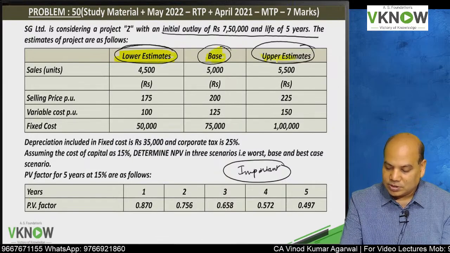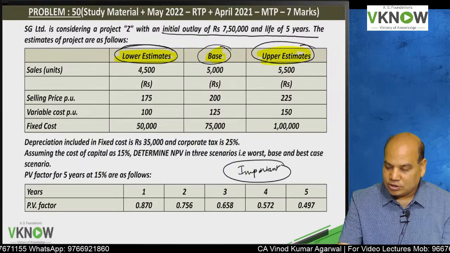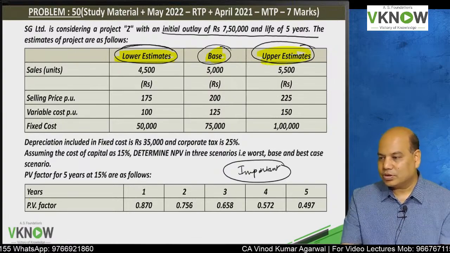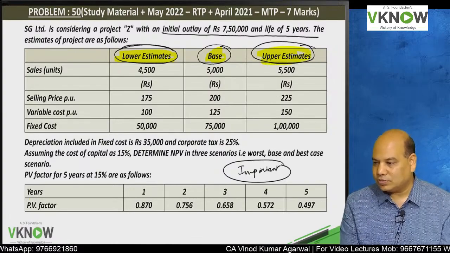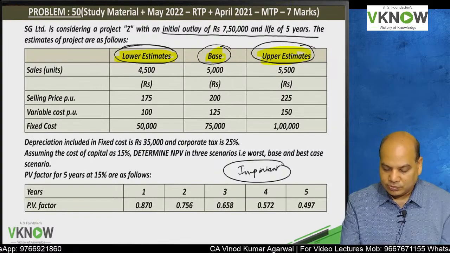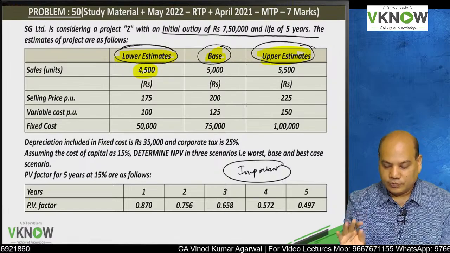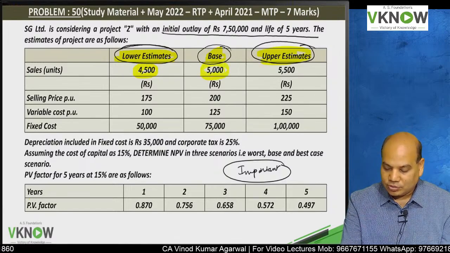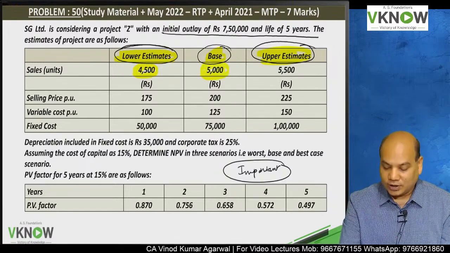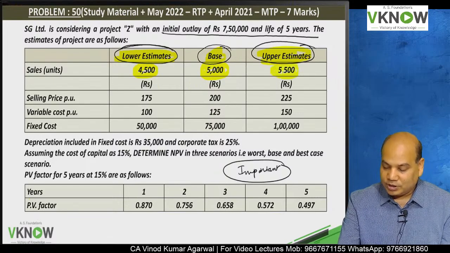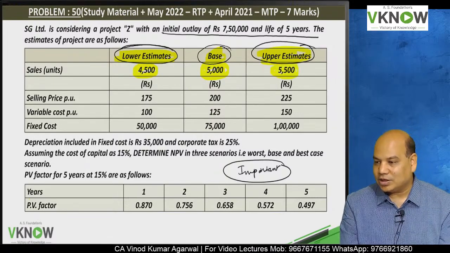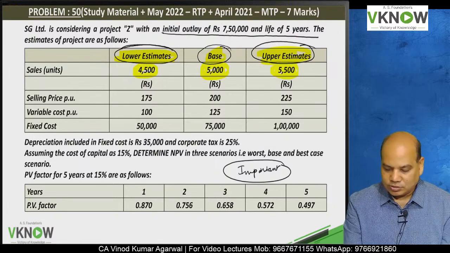This is base case, means on an average, and this is the upper range. Sales 4500, 5000, 5500, means in worst scenario 4500, average scenario, most likely scenario 5000, and in optimistic scenario or best scenario 5500.